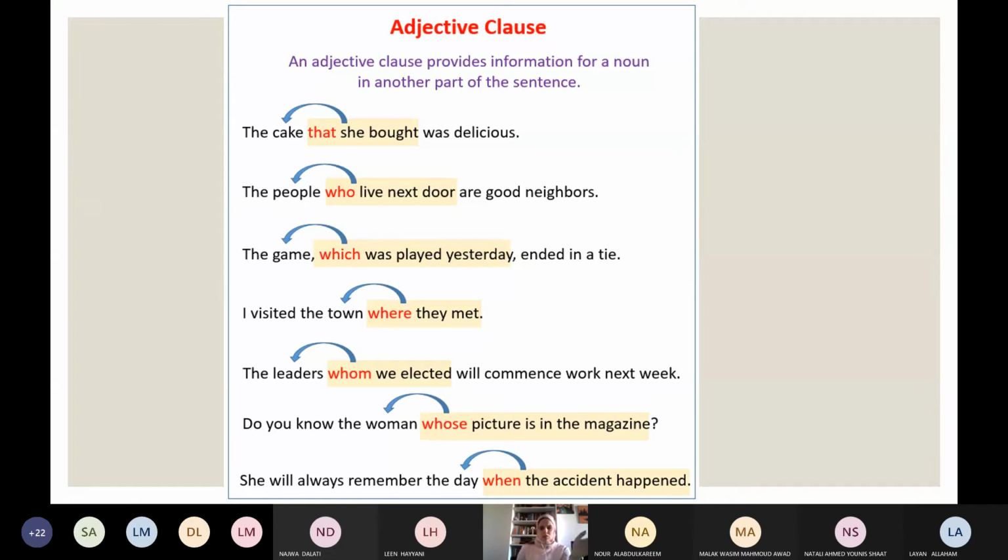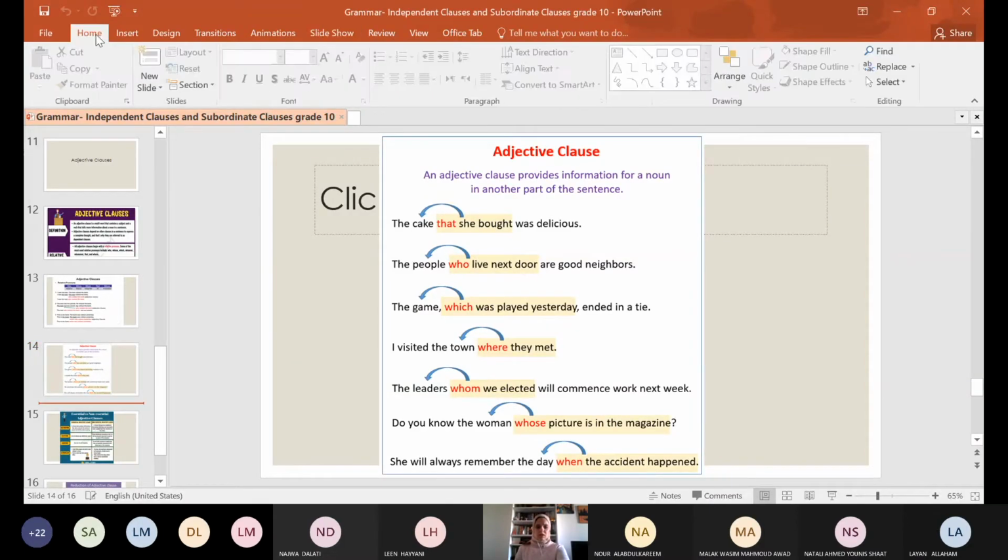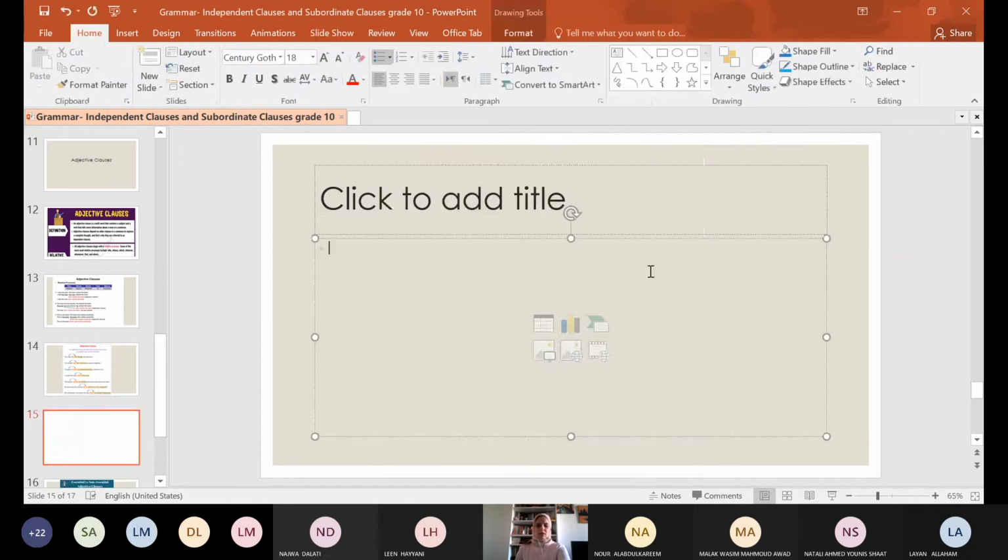It starts with a relative pronoun and then the rest of the sentence: subject and predicate. Sometimes, girls, I'll add for you, here is a slide.